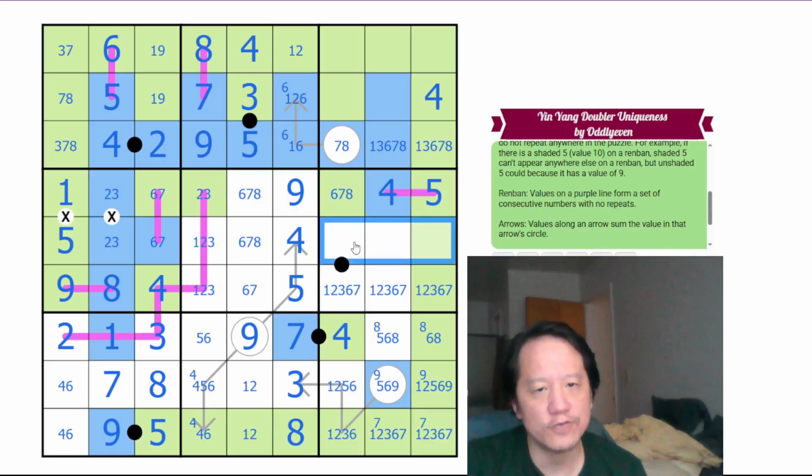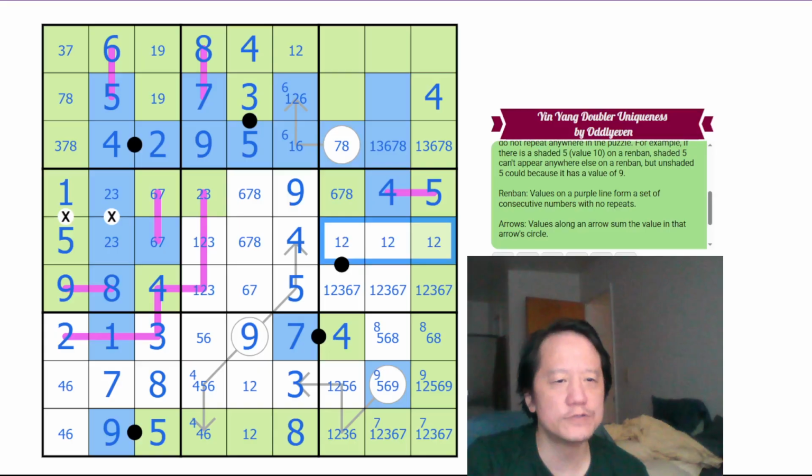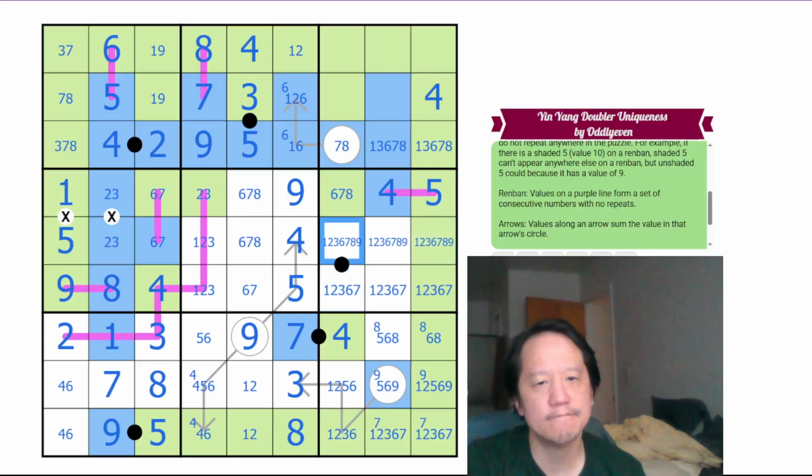Remaining digits of row 5: 1, 2, 3, 6 through 9.